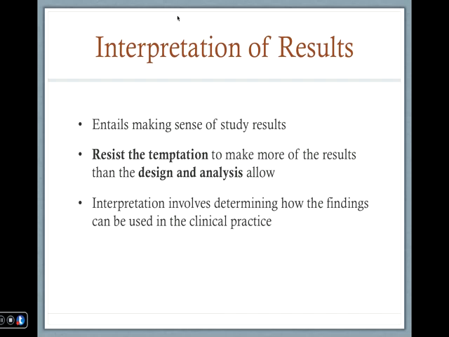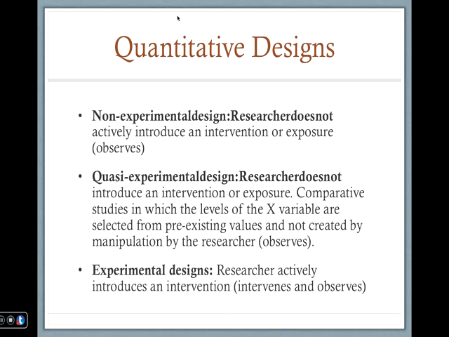So resist that temptation. If the study design and analysis are restricted to a certain population, that's the only population that you can make inferences to. And that has to do with your external validity. Interpretation involves determining how the findings can be used in clinical practice.